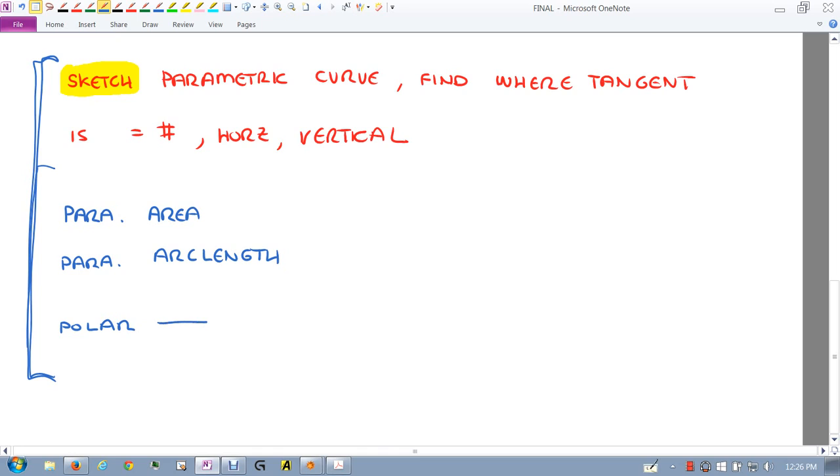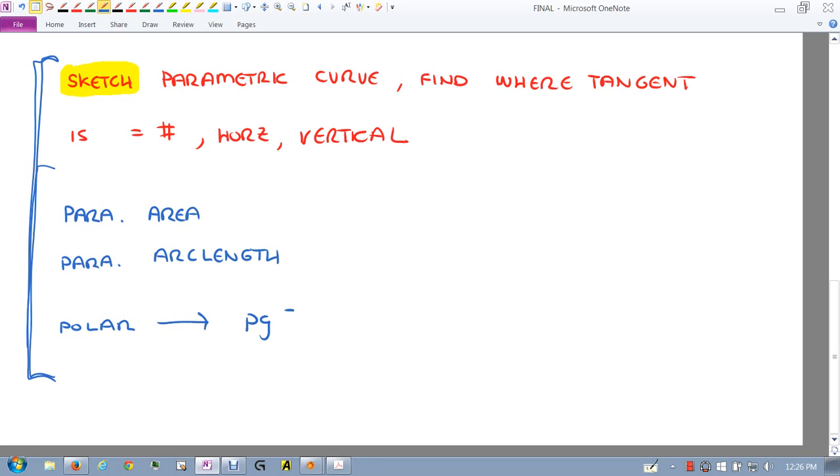Okay, so for the polar section, you should look at page 522. Something like 3, 5. I like things like 7 and 9. We didn't really talk about those, but I think you can figure them out.